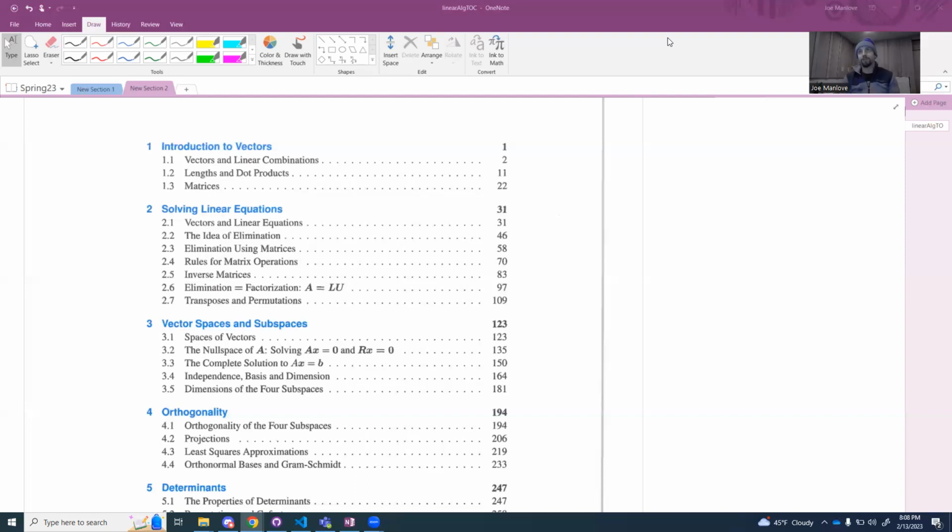To that end, I'm going to go along and do the last math course at Columbia, which is linear algebra, which is my course. I have here on the screen the table of contents of my course, and I'm going to triage it quick into three categories.